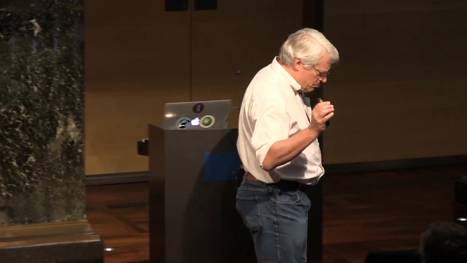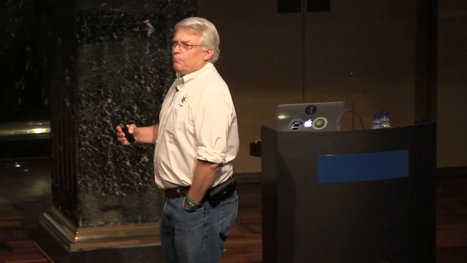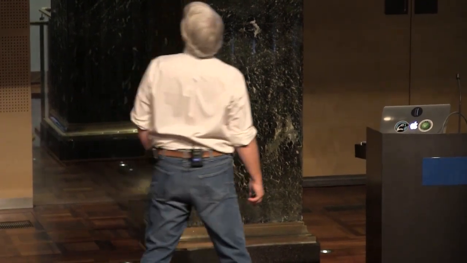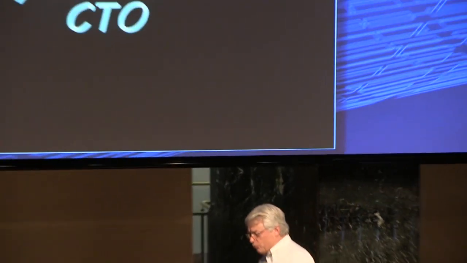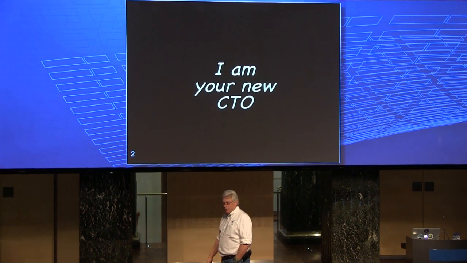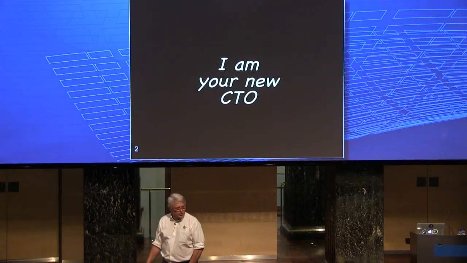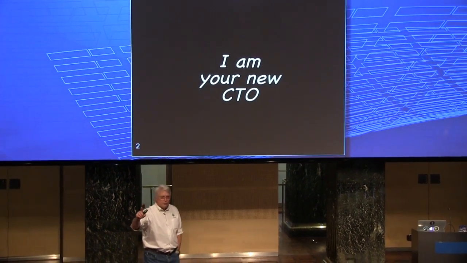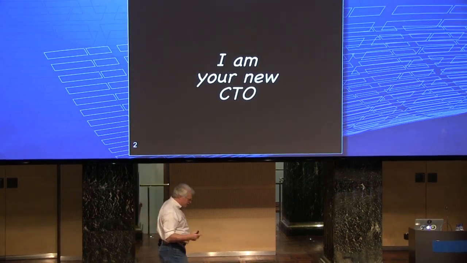So, what would these standards be like? What kind of ethical principles should we follow? I'm going to transport you to a world where I am your new CTO. Don't worry, I'll let you out of that world soon enough. But for the moment, assume that I am your new CTO.